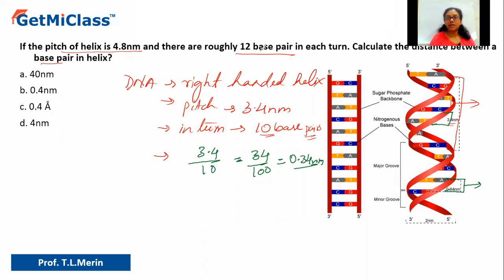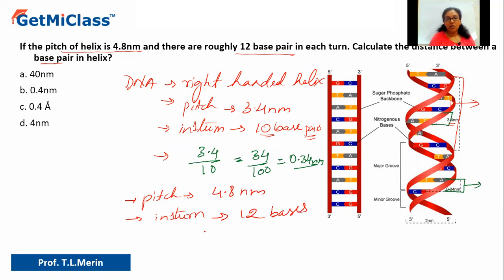Now, what are they asking? They have given their own value. They said that the pitch is 4.8 nanometer. And in one turn, how many are there? In one turn, there are 12 bases, or base pairs.